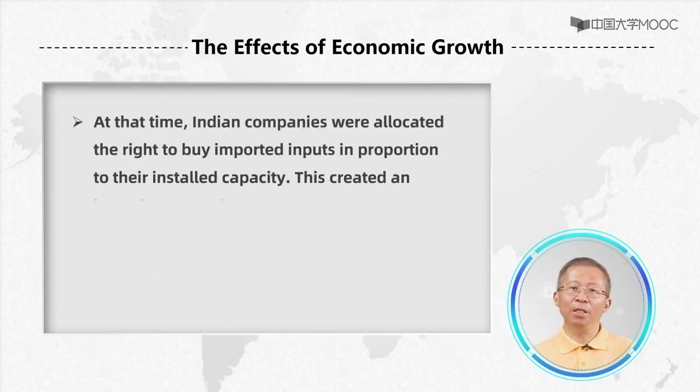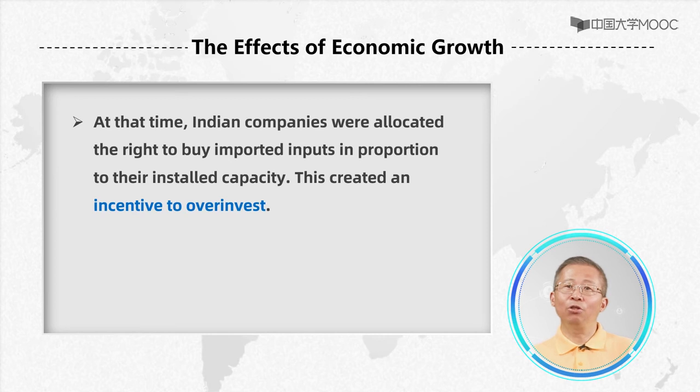A famous example involved India in the 1950s and 1960s. At that time, Indian companies were allocated the right to buy imported inputs in proportion to their installed capacity. This created an incentive to overinvest.